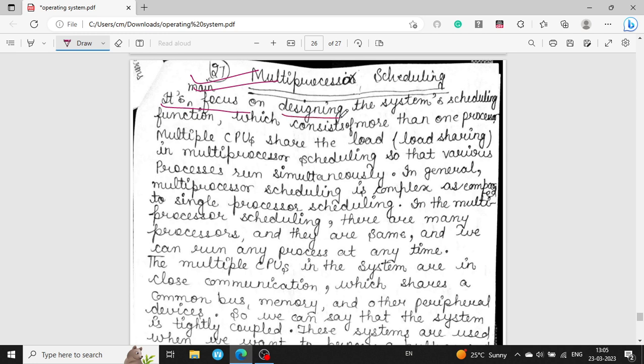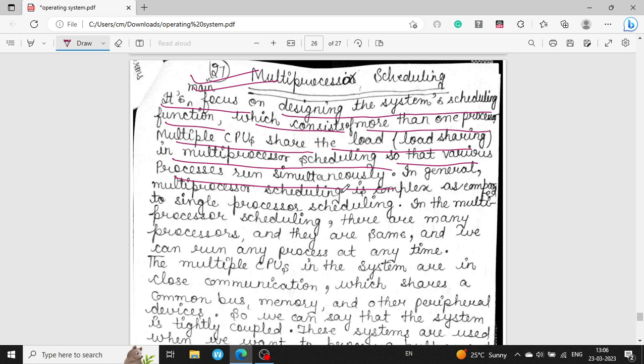Its main focus is on designing the system's scheduling function for a system which consists of more than one processor. Multiple CPUs share the load in multiprocessor scheduling so that various processes can run simultaneously.